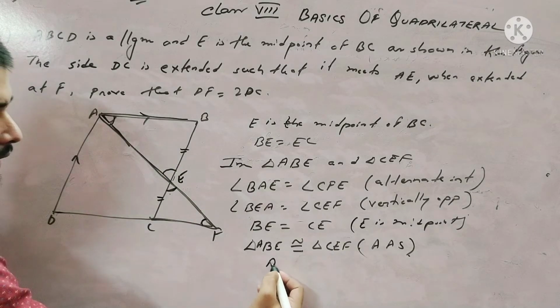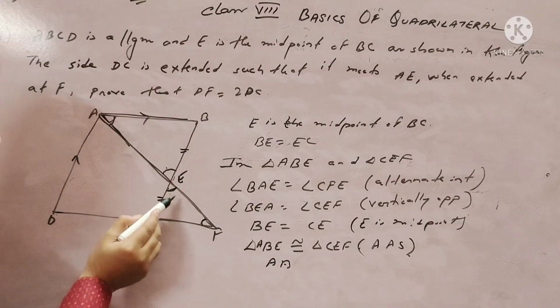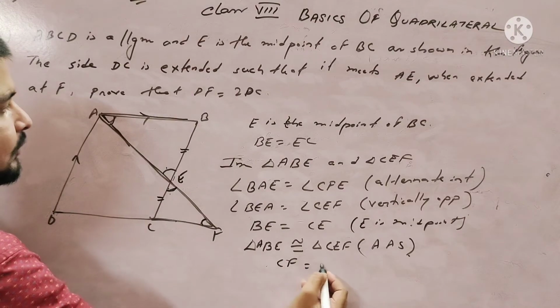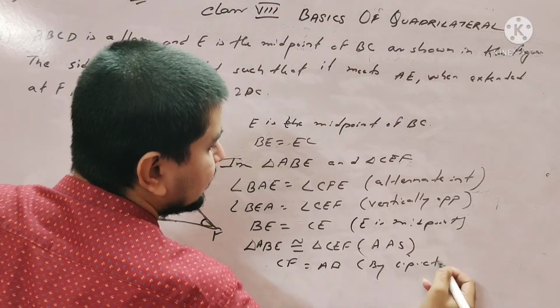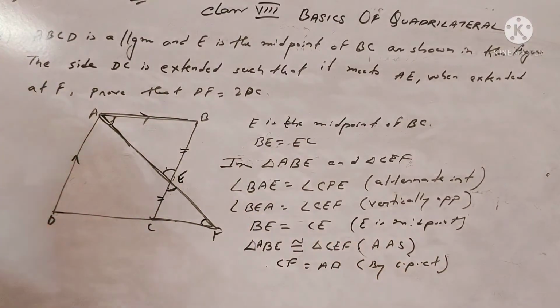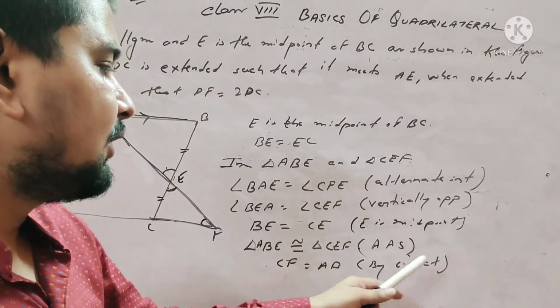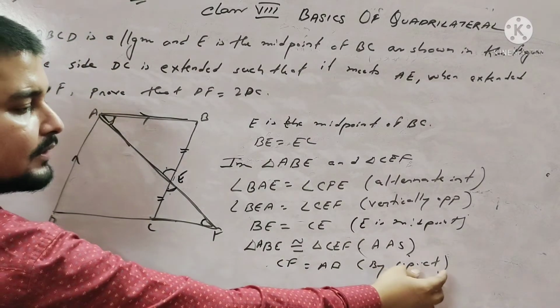So we know that because this portion is equal, CF equals AB by CPCT, corresponding parts of congruent triangles are equal.